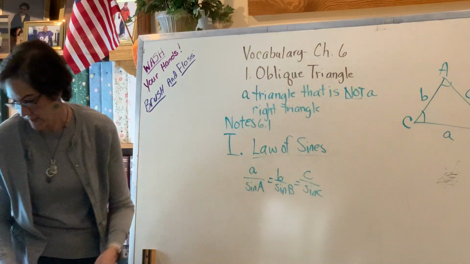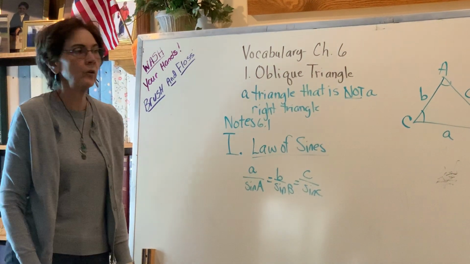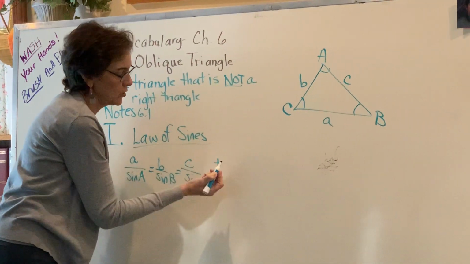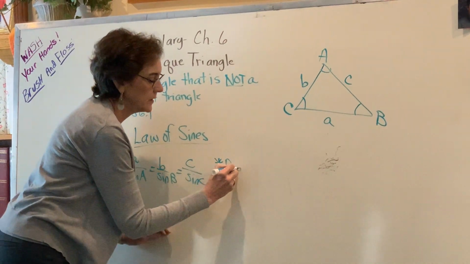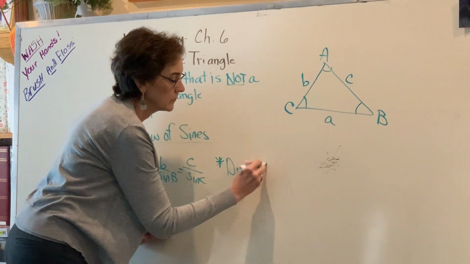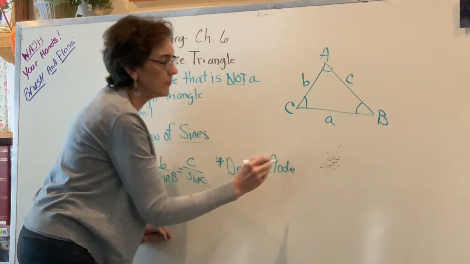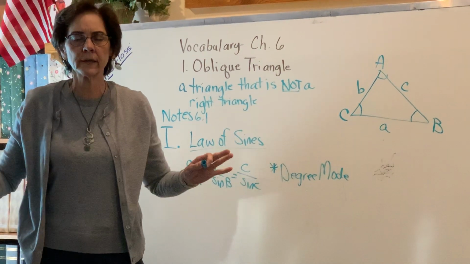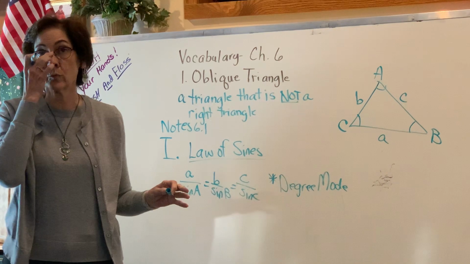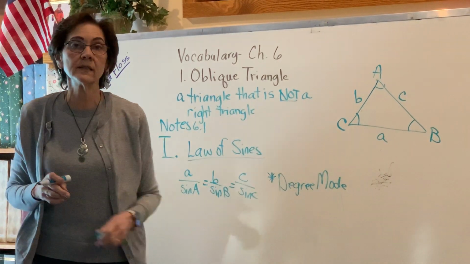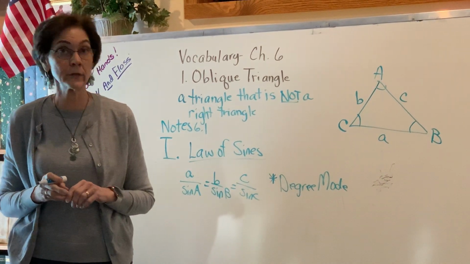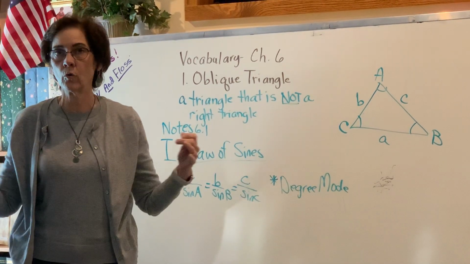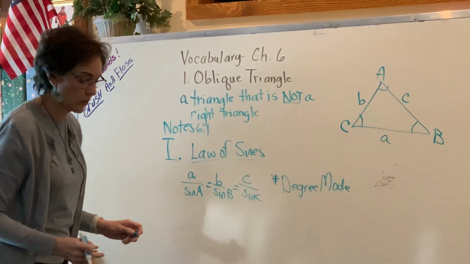One thing also, just to remind you, you will need to be in degree mode. As we've talked about before, a plain old triangle, not in the unit circle, is always solved with degrees, not radians, whether it's right or oblique, okay?